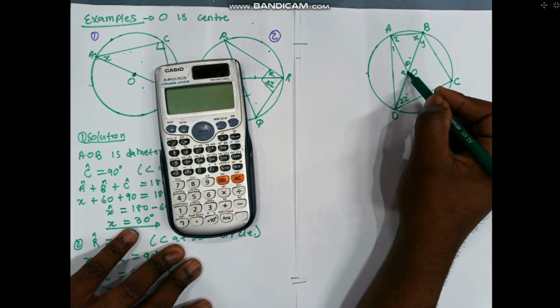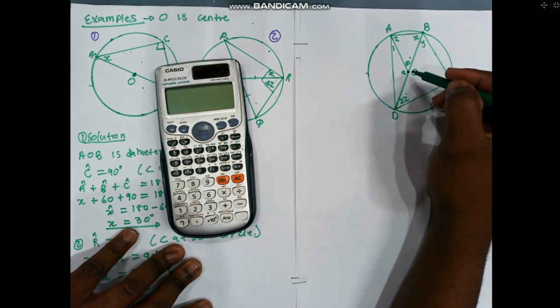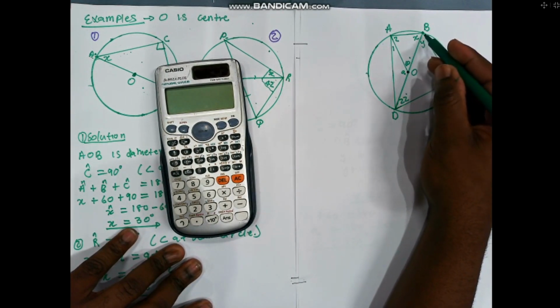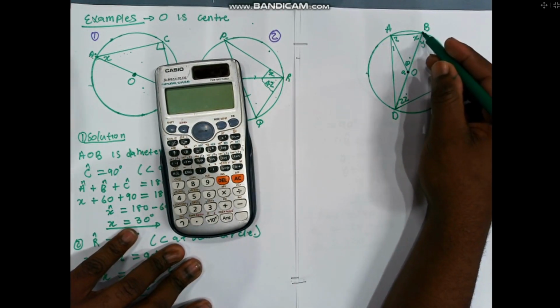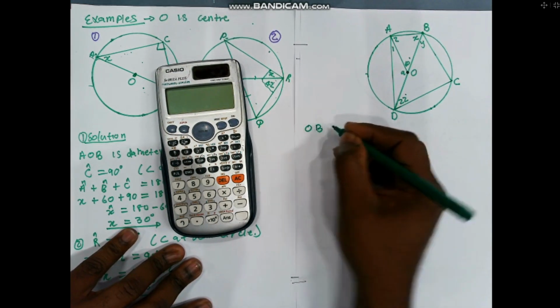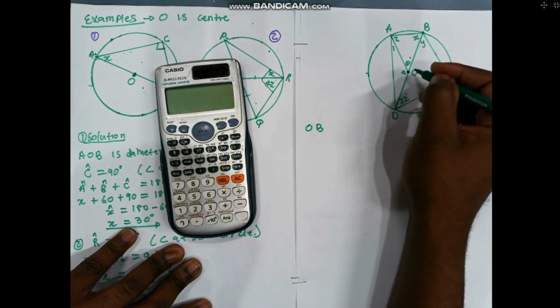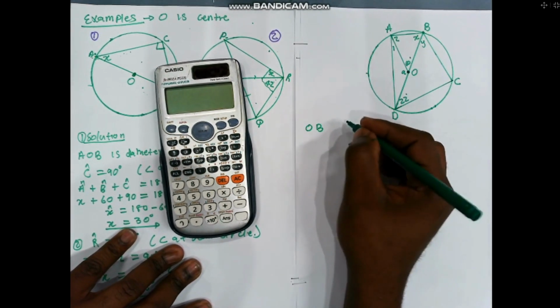We must find our radius from theorem 1. So if O is a center, then OB, because from O to the circumference there is a radius, so OB is a radius. So OA is also a radius, meaning this one is equal to this one.